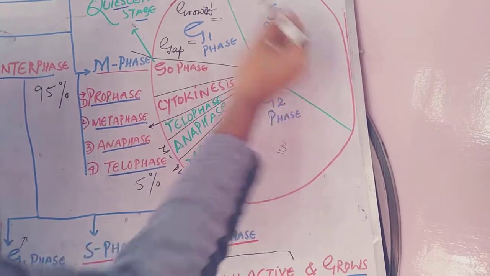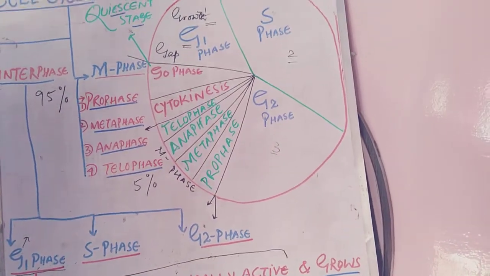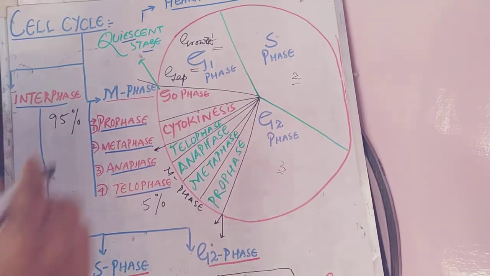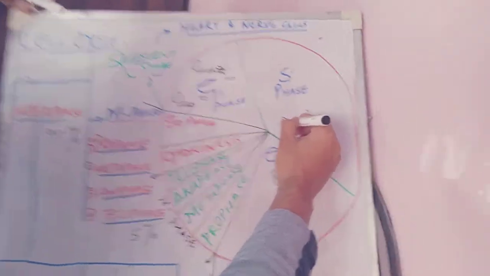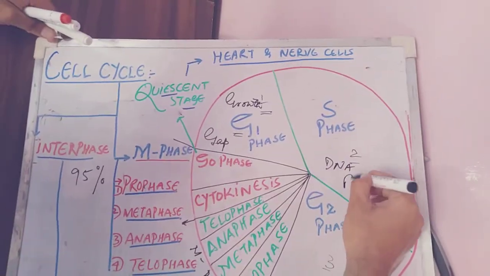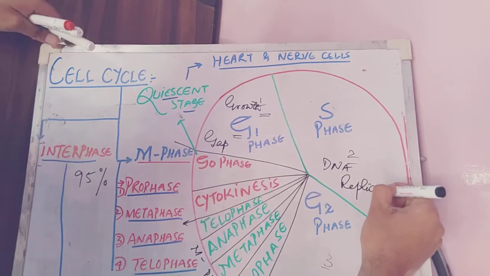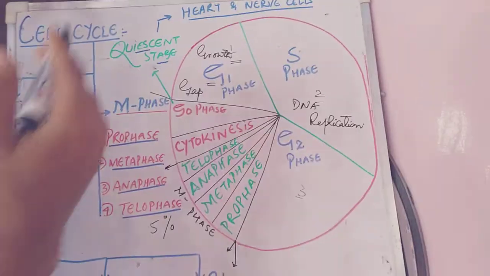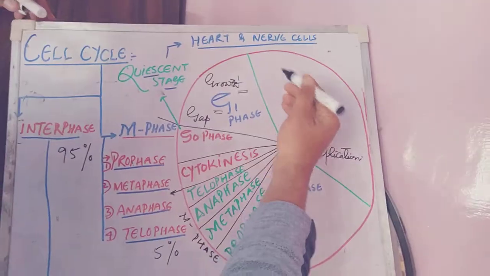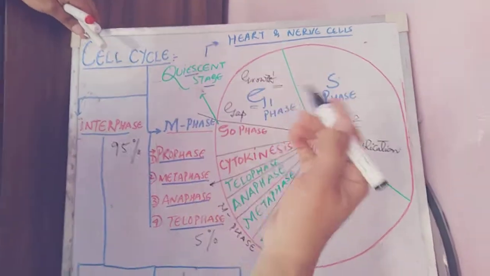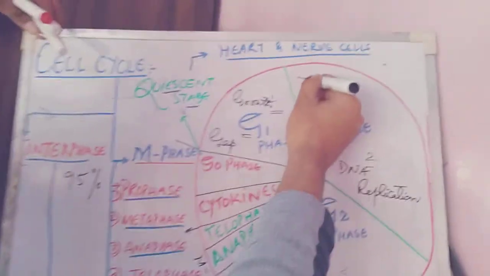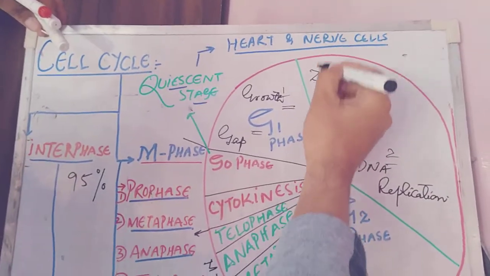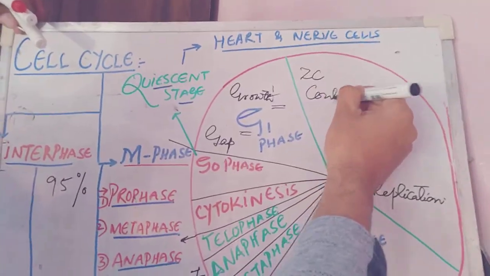After the G1 phase is over, the cell enters into the S phase. In the S phase a very important process occurs, that is what we call as DNA replication, or we call that as DNA duplication. It means the amount of DNA which is present in the cell becomes double. The amount of DNA present in the cell is represented by 2C, the C represents content.